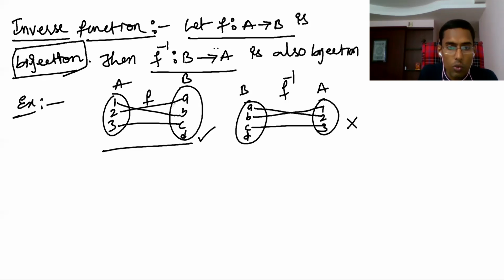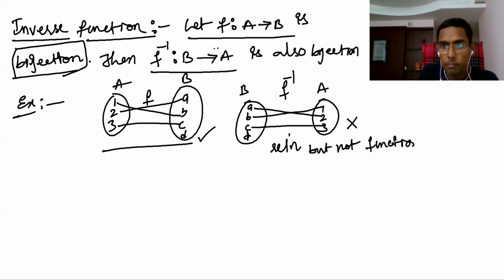Therefore, it is not a bijective function. Therefore, f inverse is not a function. f inverse exists, but whether f inverse is a function or not is the question. f inverse is simply a relation and not a function.